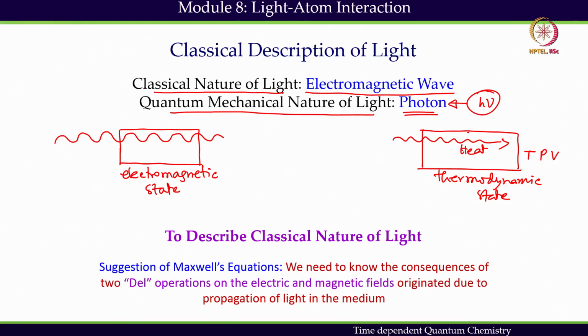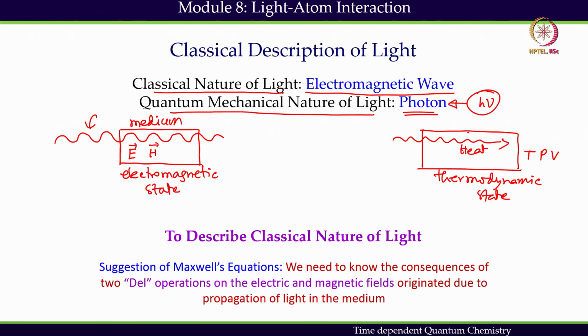Similarly, when classical light is propagating through the medium, its electromagnetic state changes. To describe light in the medium, how it is propagating and what the nature of light is, all we need to find out is the electric and magnetic field in the medium. What is the nature of the electric and magnetic field?